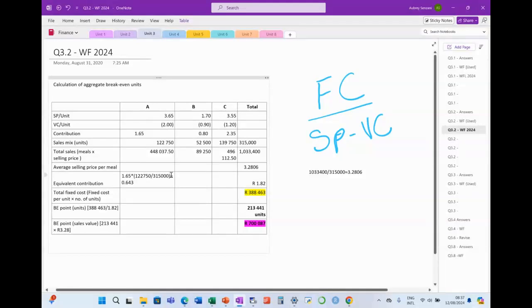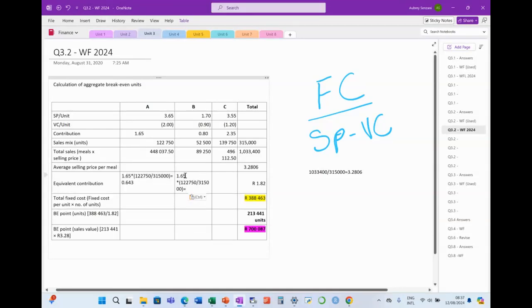Then you're obviously doing the same thing for the other units. This will be 80.